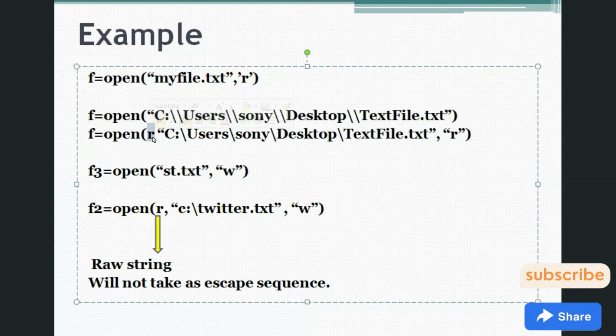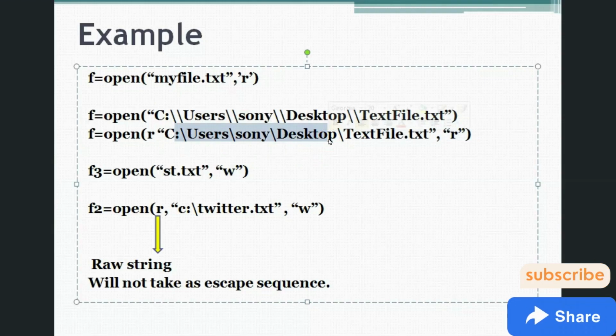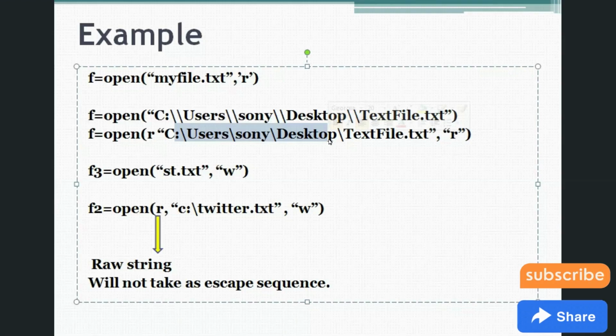For example, if you specify a path name with single backslashes, then the backslash in the string would be interpreted as an escape sequence character, and this would end up with an error. For example, \t will be taken as a tab space.